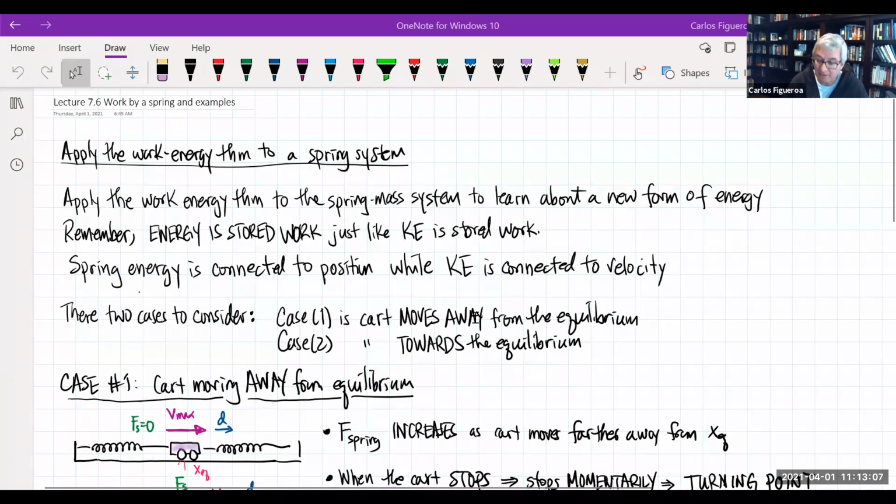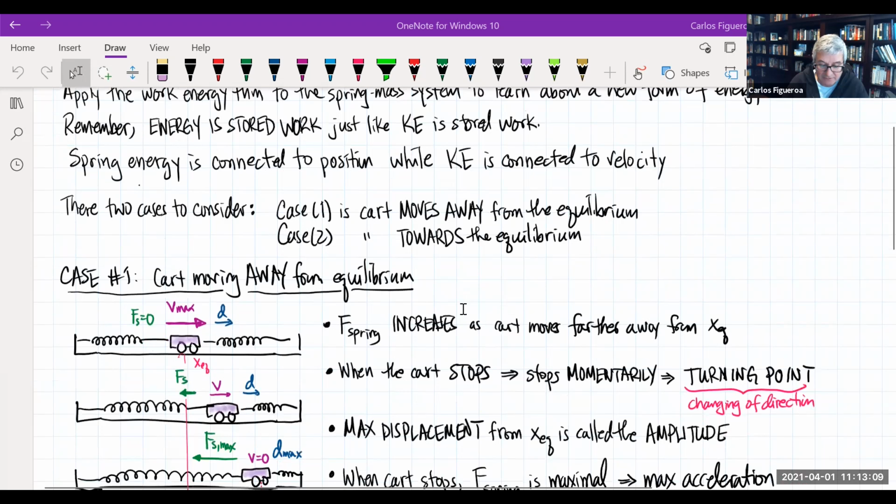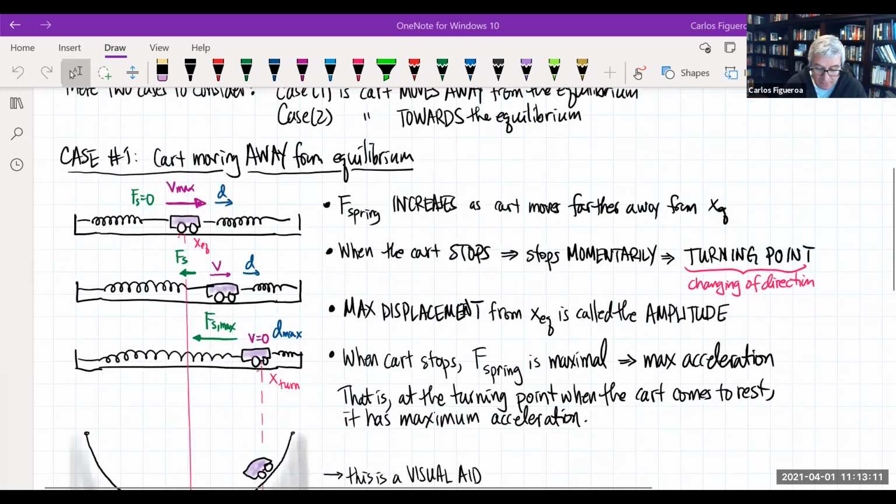So what we did here is we started looking at case one. Because the net force is 0 at the equilibrium, that's going to be the maximum speed as the car moves from the left to the right. But as soon as I pass the equilibrium point, remember the equilibrium point is our 0 point, the spring force is doing negative work and slowing the car down.